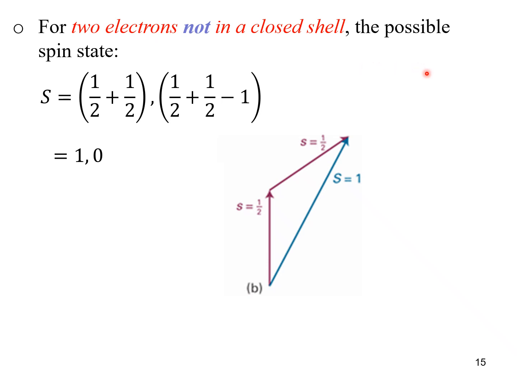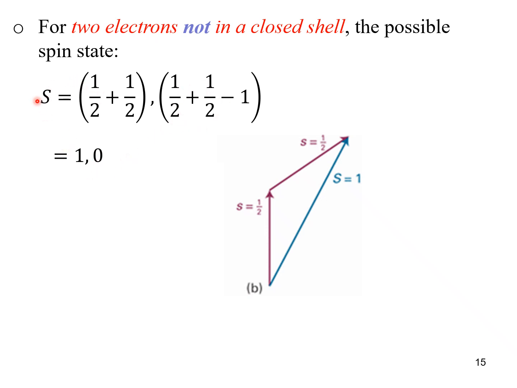While for two electrons that are not in a closed shell, there are more possibilities for the spin state. We can find the maximum value, which is electron 1 spin quantum number 1/2 plus electron 2 spin quantum number also 1/2, so the total equals 1. And then 1/2 plus 1/2 minus 1, we will get 0, or alternatively 1/2 minus 1/2. The minimum value is also 0.